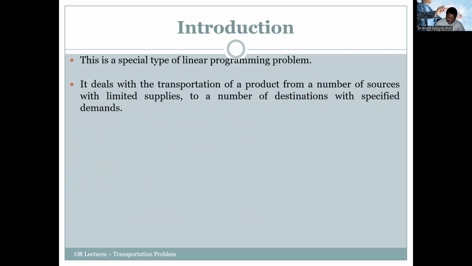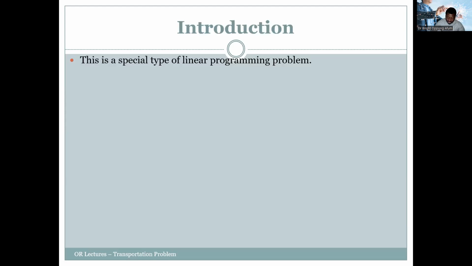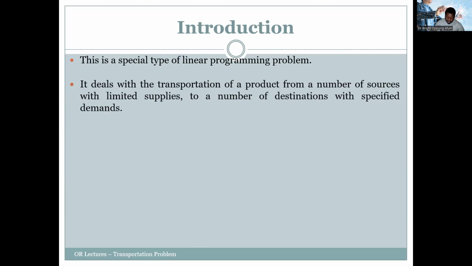So usually, the transportation problem is a special case of a linear programming problem. That's why it was expedient that we understood what we mean by linear programming, how we can formulate it and how we can solve it, right?